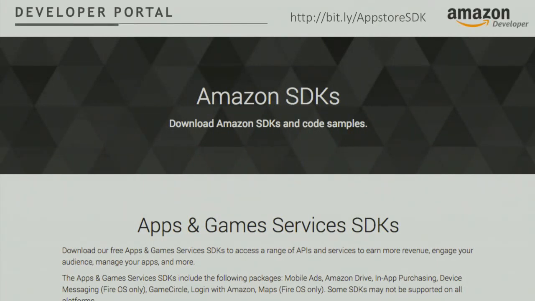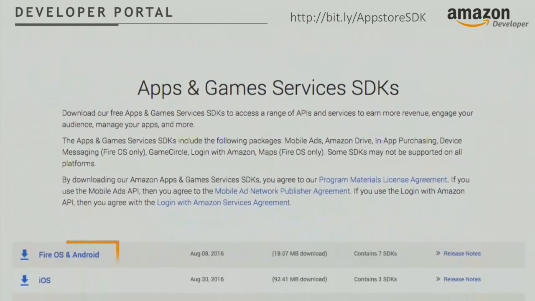So now you have full access to our entire developer portal, including all the documentation and downloads, and we have a bunch of SDK files and code samples there. So you can use this handy-dandy bit.ly link, Appstore SDK, it's at the very top, to access them directly. And then once you reach this page, scroll down and you'll find links to the files that we're going to be talking about.